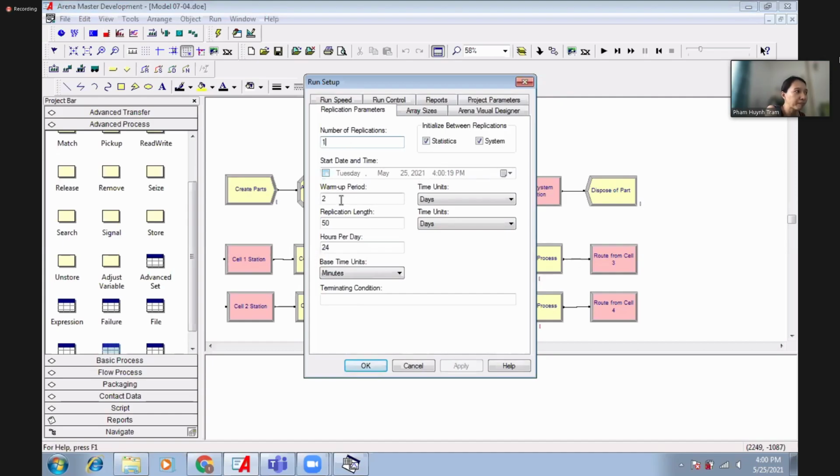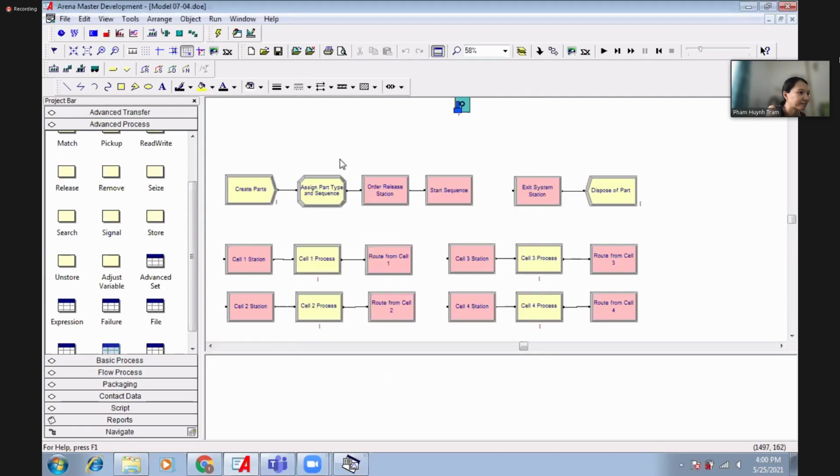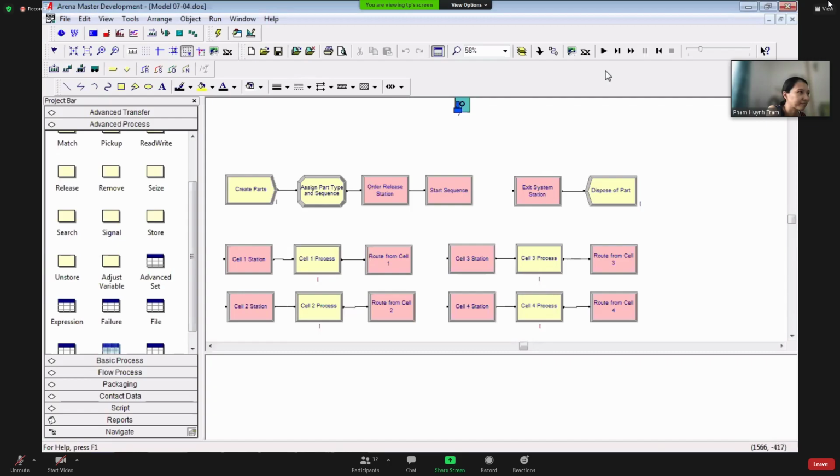The warm-up period is still 2 days, and we run very, very long. The replication length is 50 days. Instead of 10 replications, 5 days, we run one replication and 50 days. Let's run it.